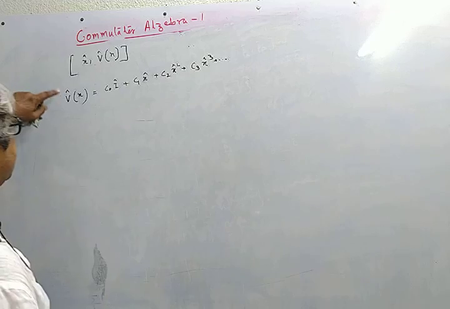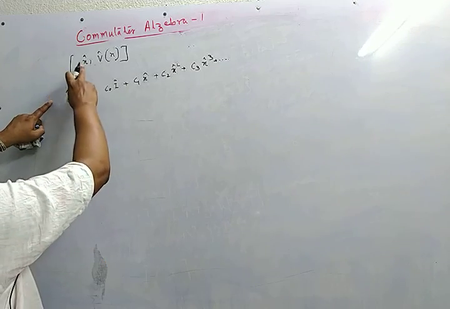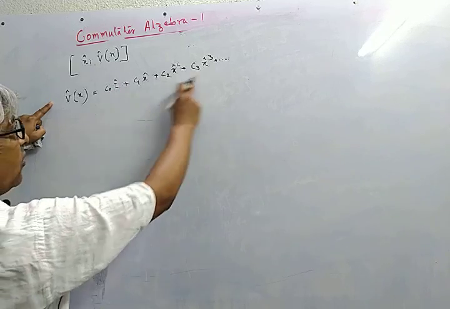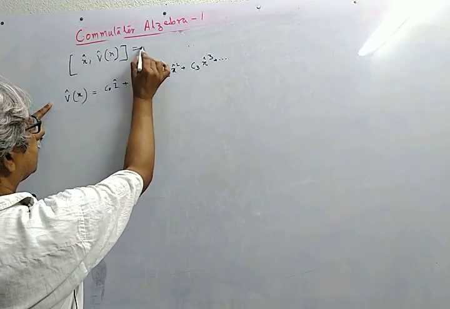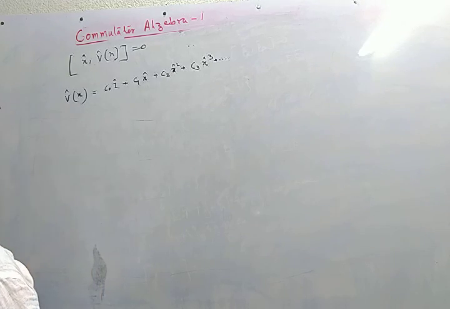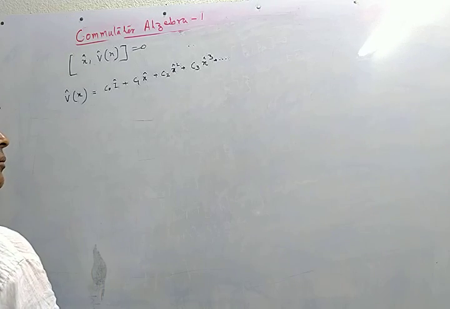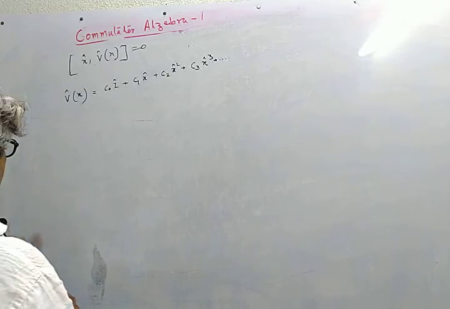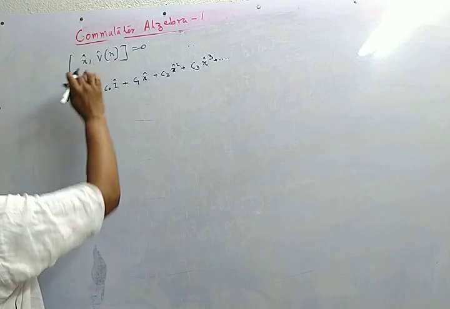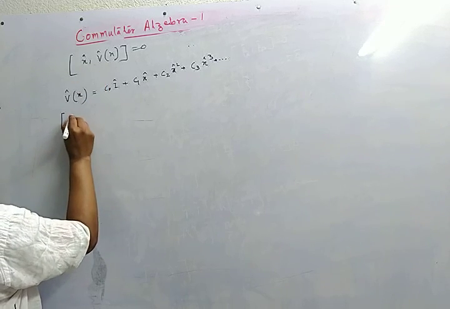So obviously when we consider the commutator of x with V, all the terms go to 0, so this is 0. It is a trivial case, as we have seen that the commutator of p with T is 0. So the interesting case would be the commutator of p with V.